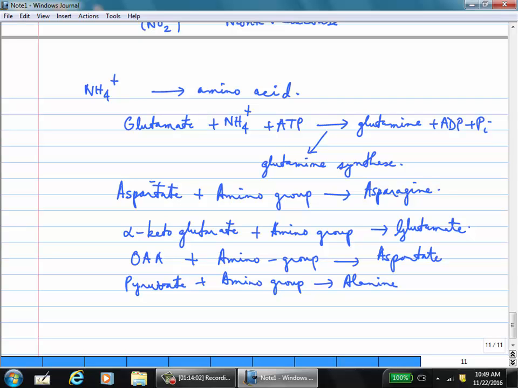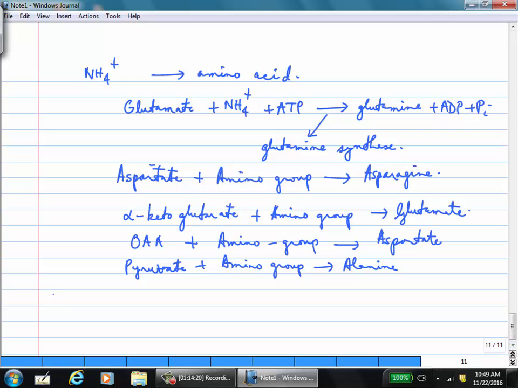Say you started with glutamine. You transfer the amino group to something else, you get the corresponding amino acid, and then glutamine will become glutamate. Glutamate plus amino group is glutamine. So let me talk a little bit about these transamination reactions.